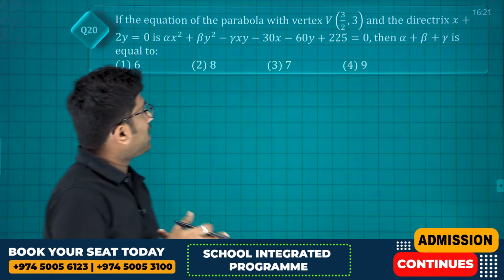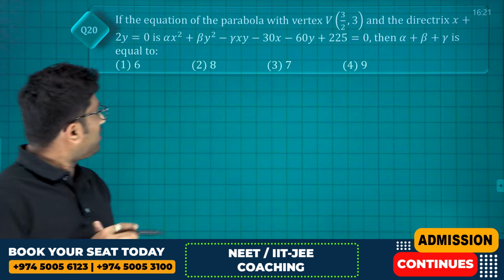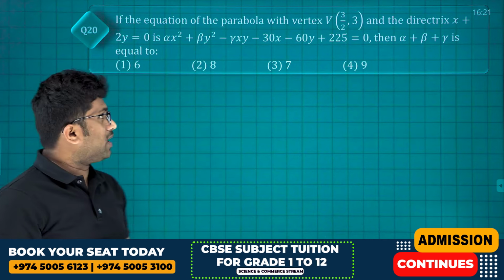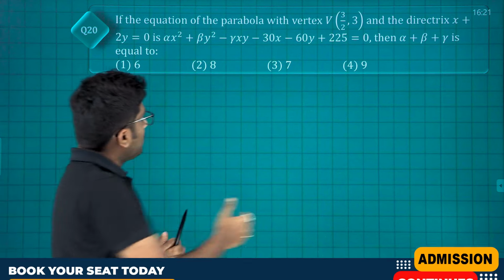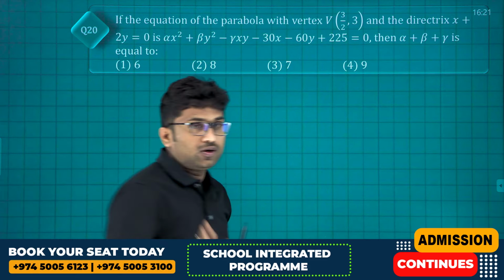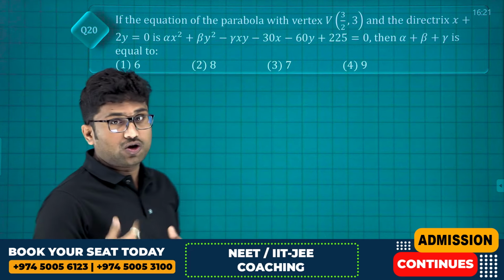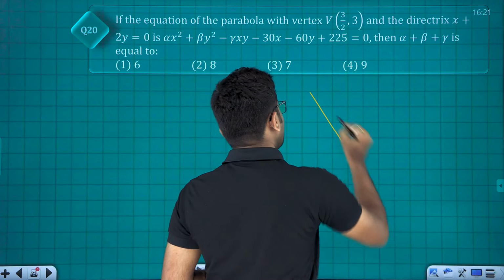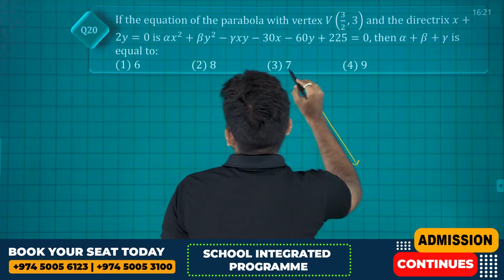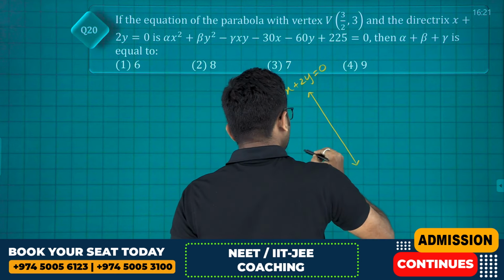If the equation of the parabola with vertex V (3/2, 3) and directrix given, so they have given the equation of parabola and vertex of the parabola, directrix of the parabola, and then find out the unknowns alpha, beta, gamma. So here directrix is a non-vertical line. So let this be directrix. Equation of directrix which they have given is x plus 2y is equal to 0.